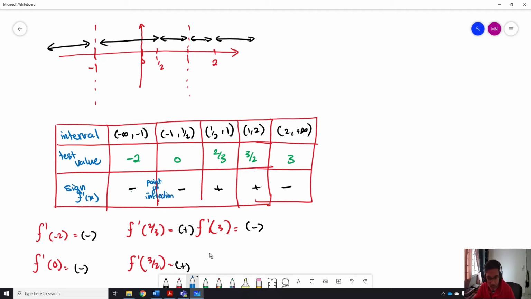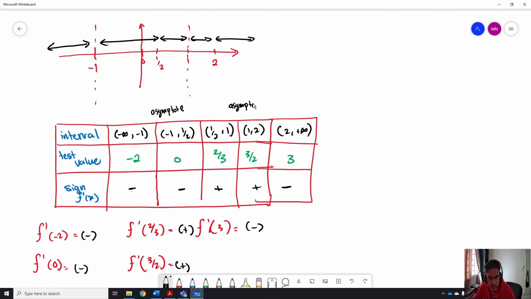Since negative 1 is the position of our asymptote, this is not a point of inflection, because that line is a position of asymptote, and here is also an asymptote.